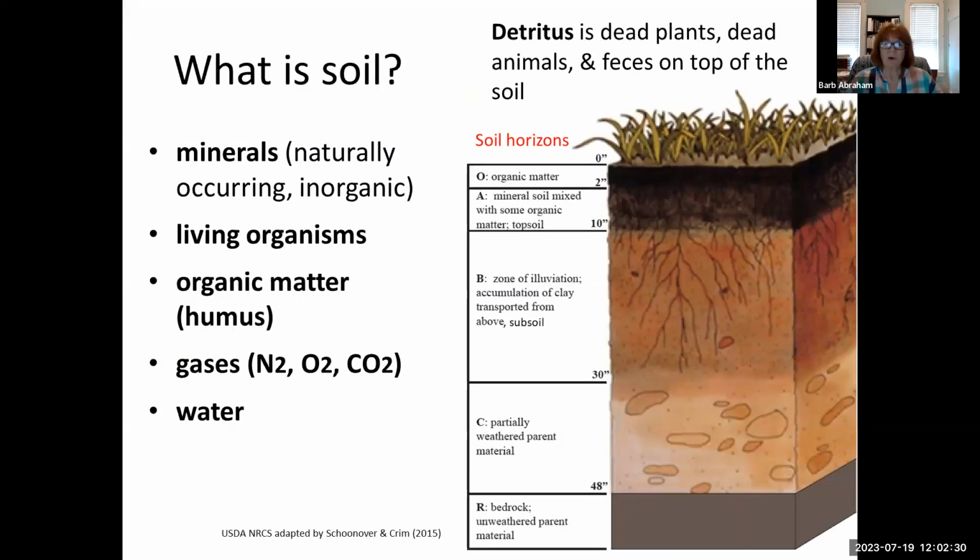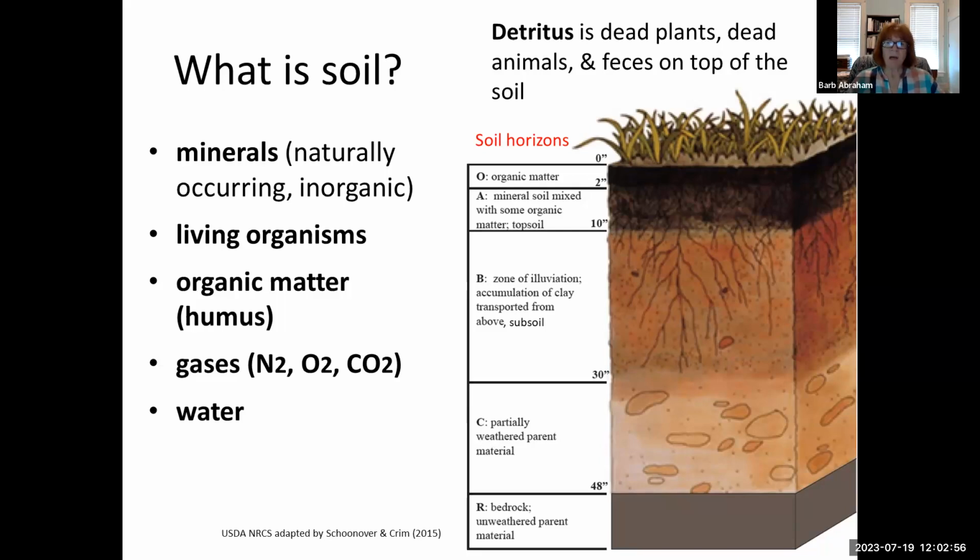Okay, so first of all, what is soil? There are a lot of things in soil that we don't normally think about. So the minerals are in the rocks, of course, and they are inorganic, meaning they didn't come from living things. But living organisms are considered to be part of the soil, as is any decaying organic matter.